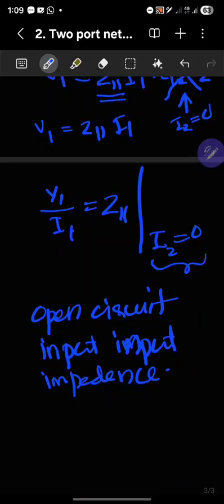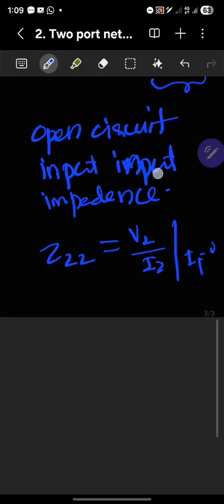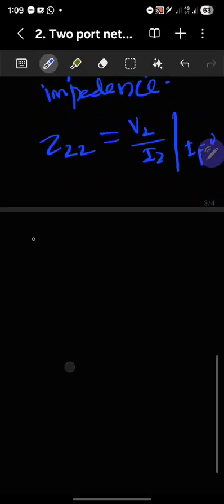Similarly, Z22 we can derive the same way. Z22 will be equal to V2 by I2 provided I1 is equal to 0. Z22 is also called driving point impedance, the output driving point impedance. Similarly, we have other parameters. Z12 we can define in the same way, as V1 by I2.